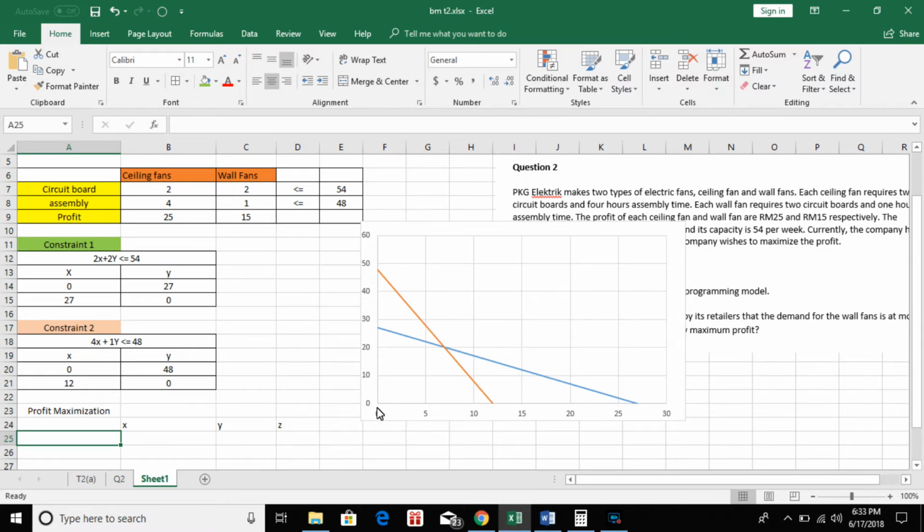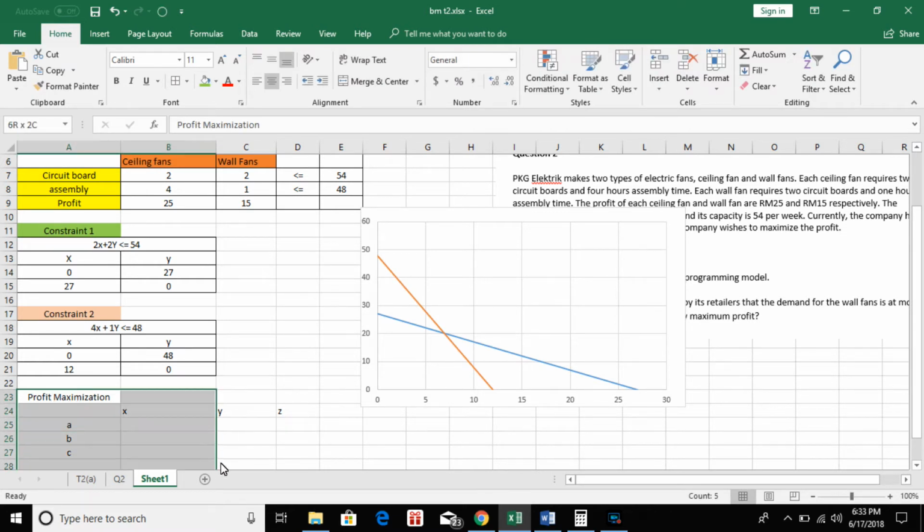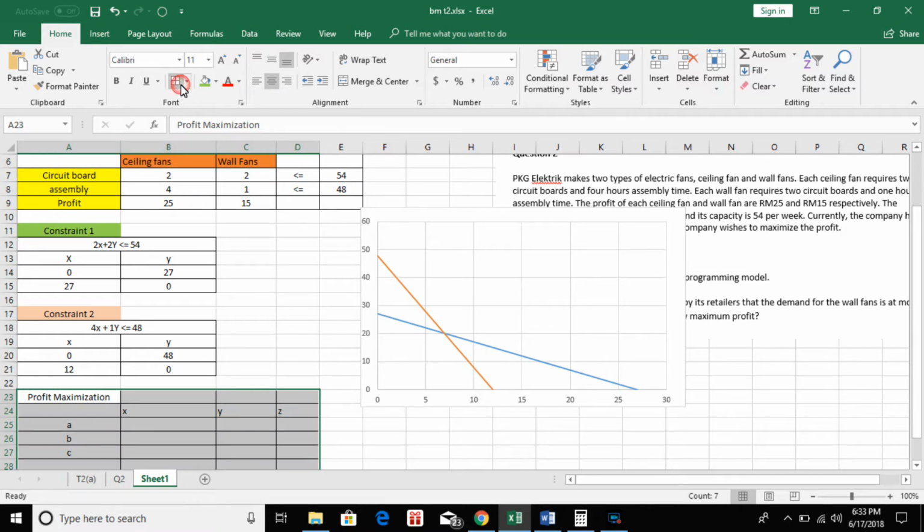Anything we multiply with this we will get a lower value. So just skip this point and we take point 1 from here, second point from here, and third point from here. So 3 points A, B, and C. We are doing profit maximization now.